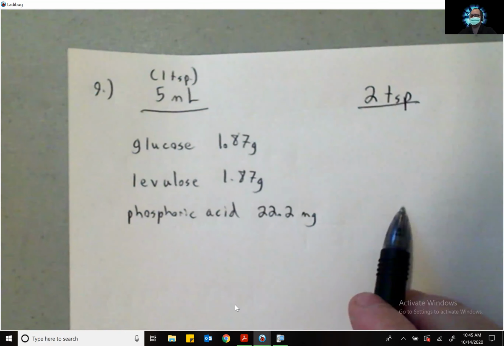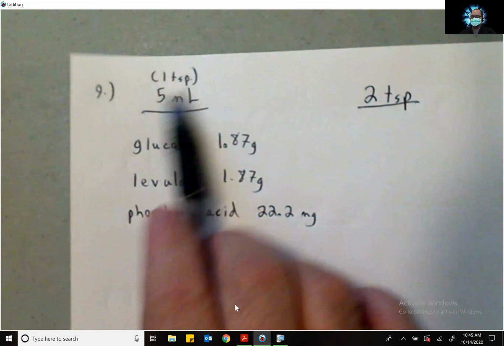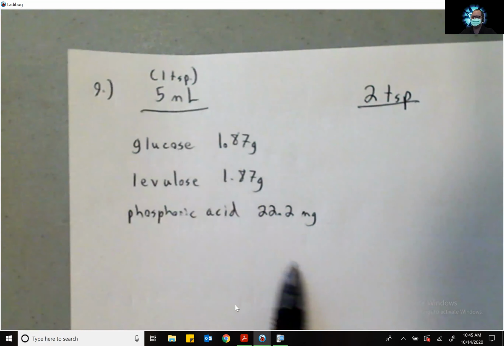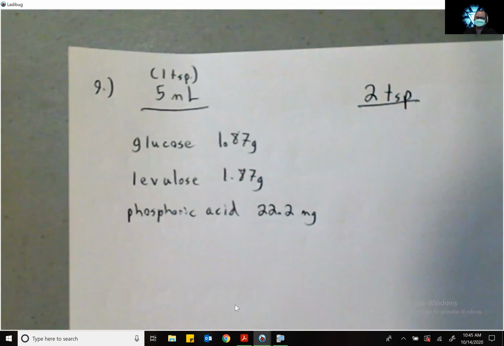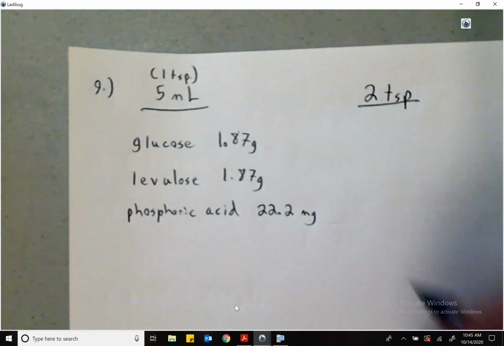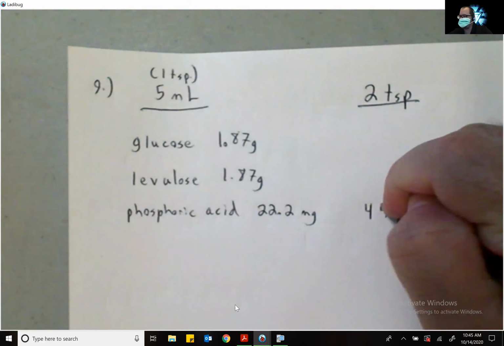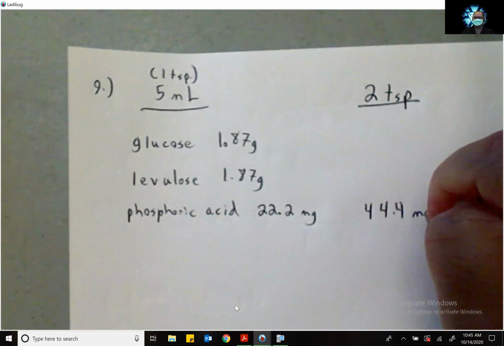So if this is in 1 teaspoon, 5 milliliters, it's 22.2 milligrams. How much is 2 teaspoons? What do you think? 44.4. You got it. 44.4 milligrams.